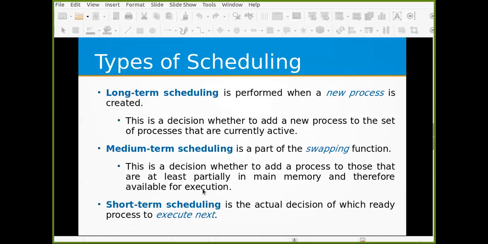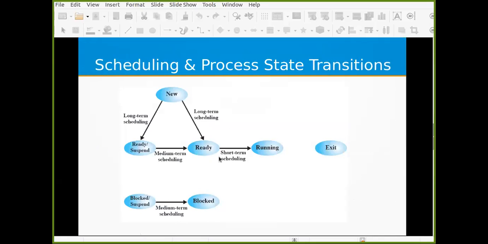And then finally, short-term scheduling is the actual decision of which ready process to execute next. Which ready process will run next? That is the decision of the short-term scheduler, and that is also called the process dispatcher.